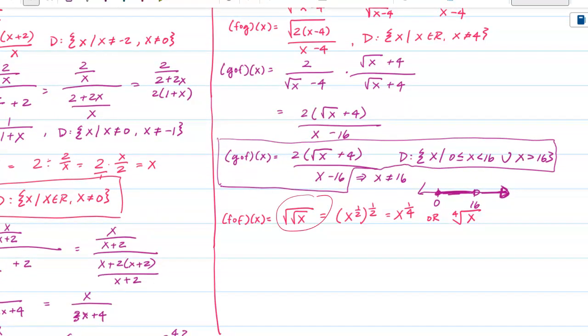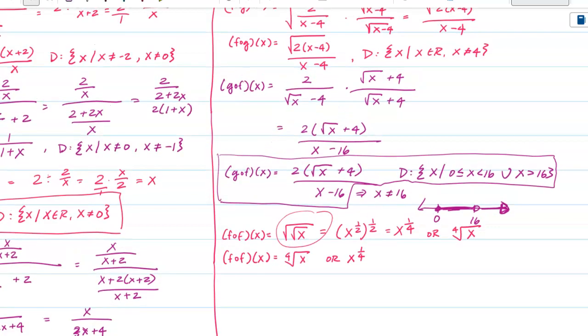Okay, this you can actually simplify. So f of x equals the 4th root of x, or x to the 1/4. And x has to still be greater than or equal to 0. It still holds true because it's just an even root. So the domain of the input function is going to still hold true, and that's the only one that holds true.